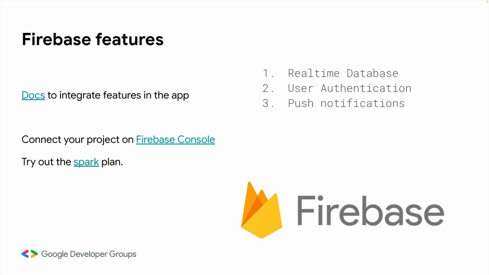It's got some push notifications out of the box, and it's got some remote config, which will allow you to have some users have some kind of functionality that's different to others. The docs for that are in this link. There's a Firebase console, and you will connect your project to the Firebase console. And this Spark plan that you can try out will give you some limits, but will allow you to try out all of these features for free.